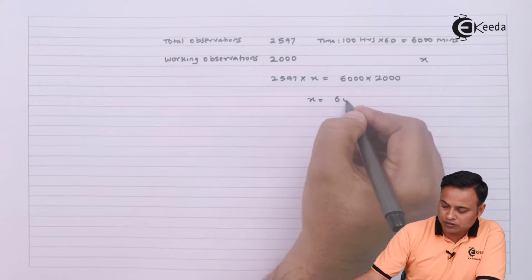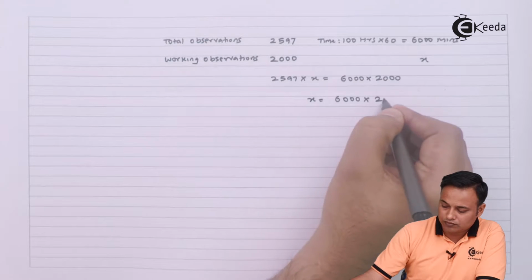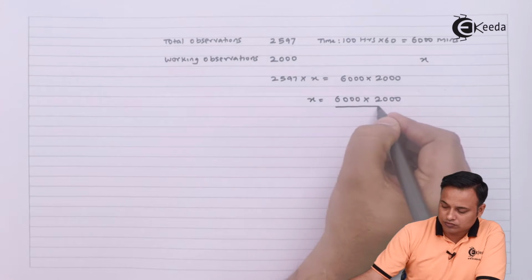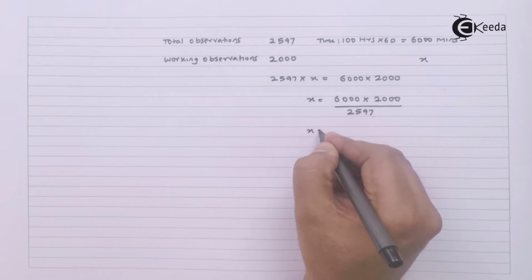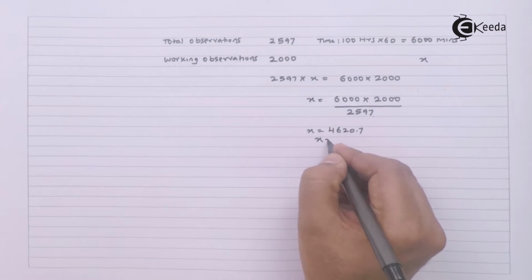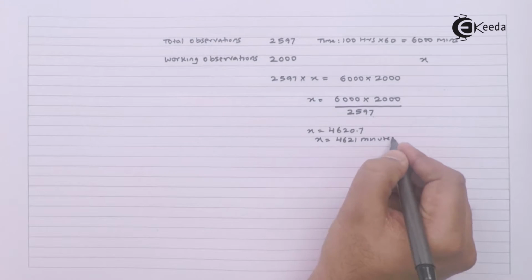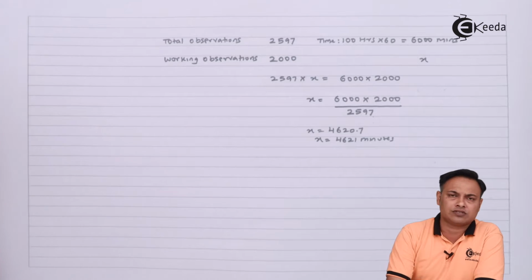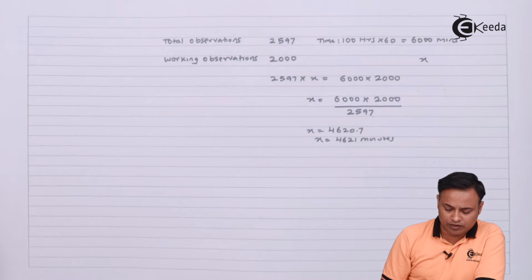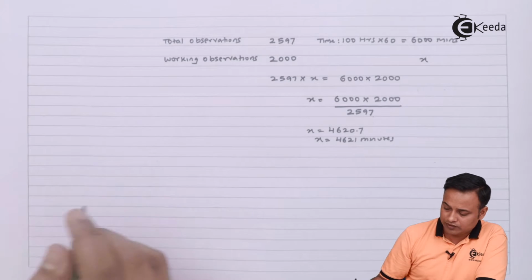So x will be 6000 multiplied by 2000 divided by 2597. So this is the time for which we have been observing someone, और इस observation में हमको total 5000 units मिला है.